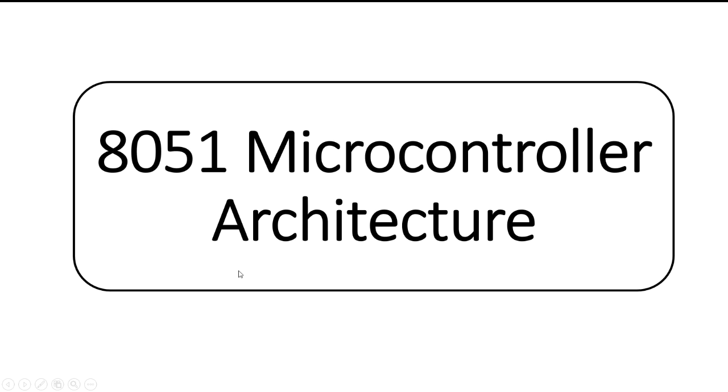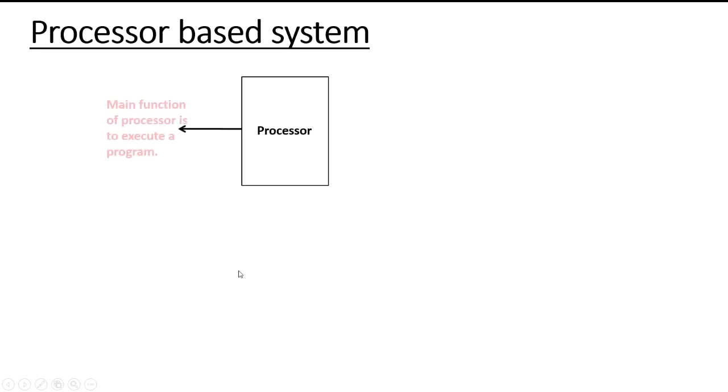If you look at the processor based system, at the center there is a processor whose function is to execute the program. But where is the program stored? The program is stored in the memory. So the processor fetches the instructions which are stored in the memory.